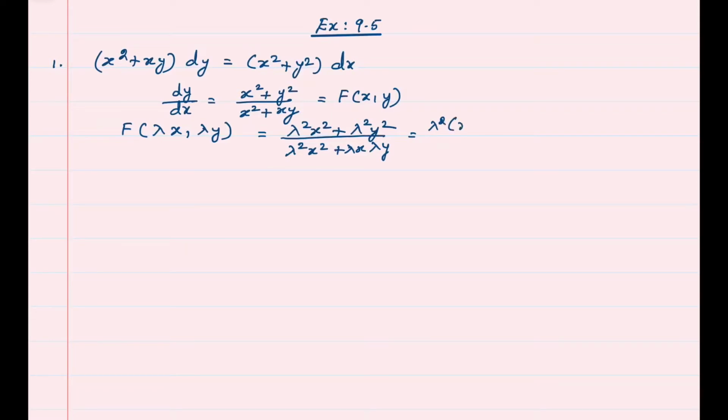Lambda square is common. So, f of x, y is a homogeneous function of degree 0. This is equal to f of x, y. Therefore, the given equation is homogeneous.